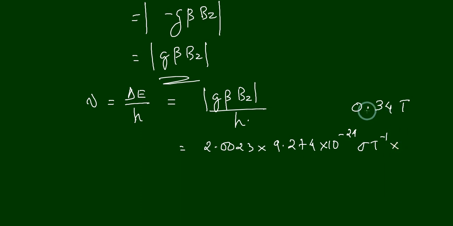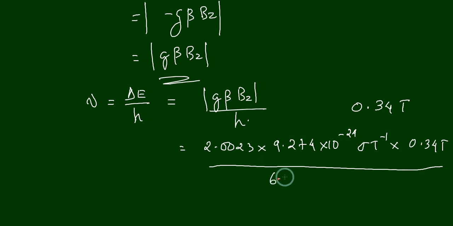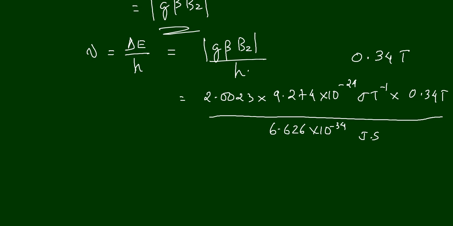Bz is the magnetic field strength, in our case 0.34 Tesla, divided by Planck's constant, 6.626 into 10 raised to minus 34 joule second. So what is this value? You can calculate this value, and that is equal to 9528.482 megahertz.